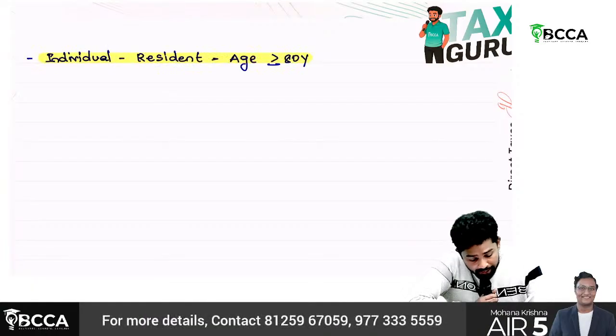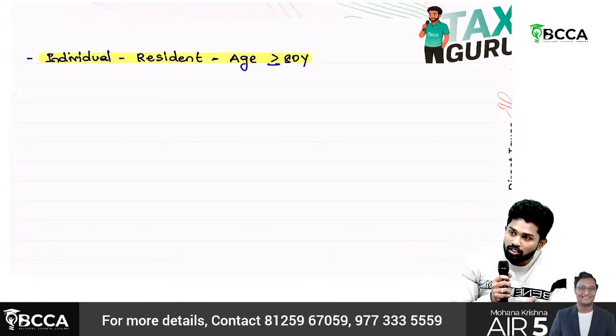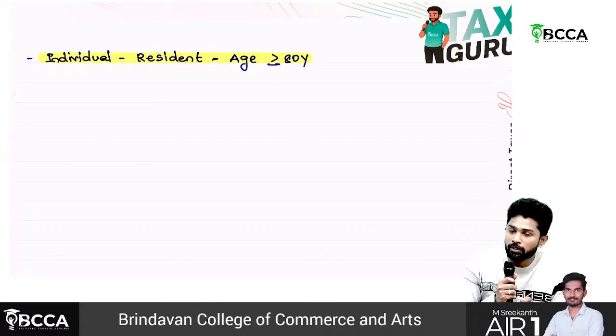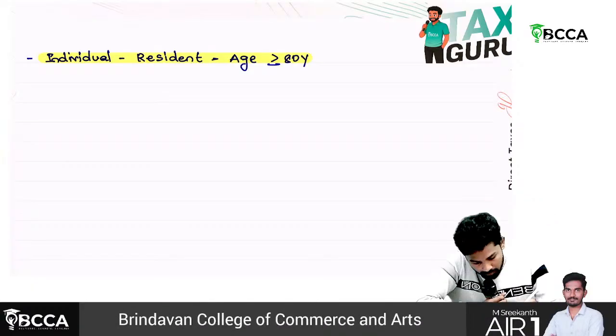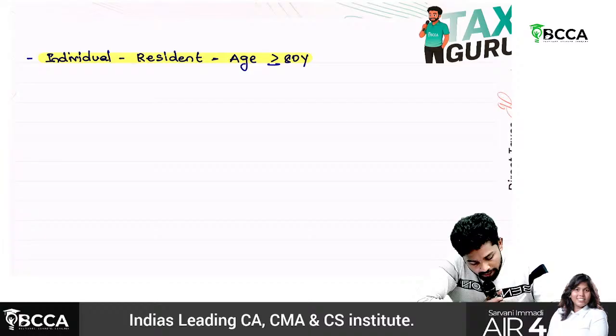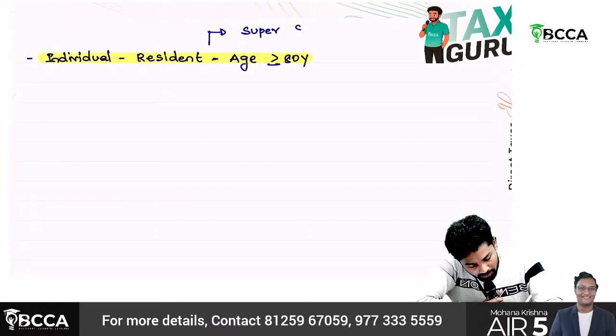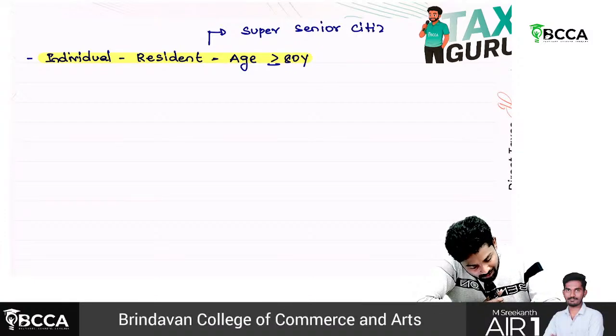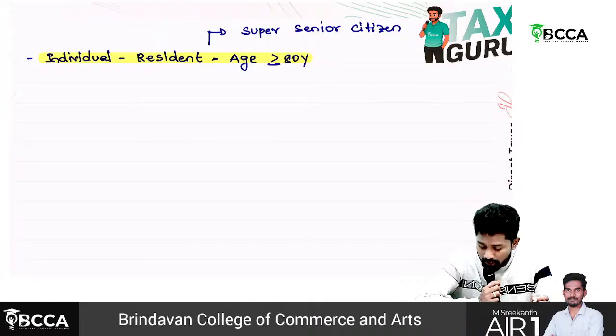I am not writing it again, sir, but same here also. On the first day of assessment year only, we'll be checking. If age is greater than 80 years, then he is called as what? Super senior citizen.